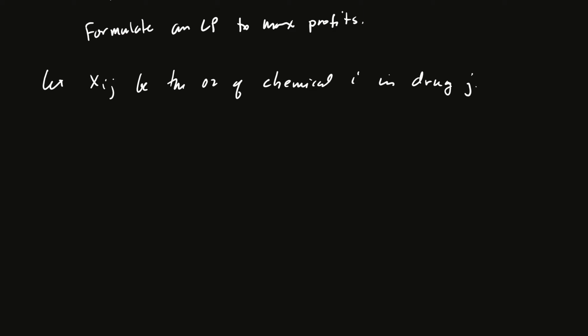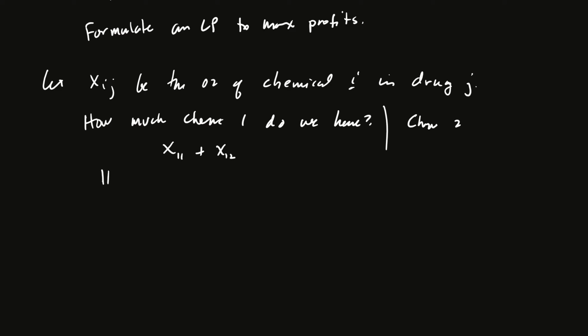Before we get into any of the constraints, let's think about how much chemical 1 I have. Chemical 1 is the first subscript, so X11 will have chemical 1, and the other variable for chemical 1 would be X12. Similarly, chemical 2 would be X21 plus X22.